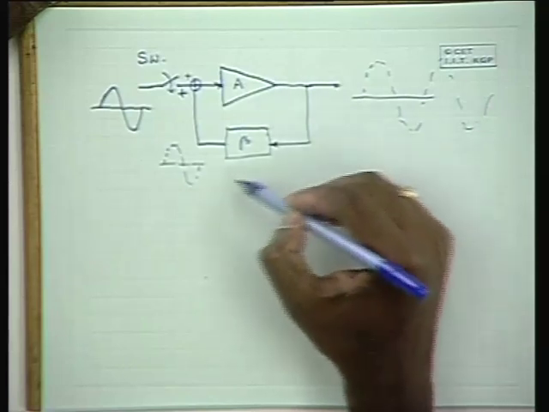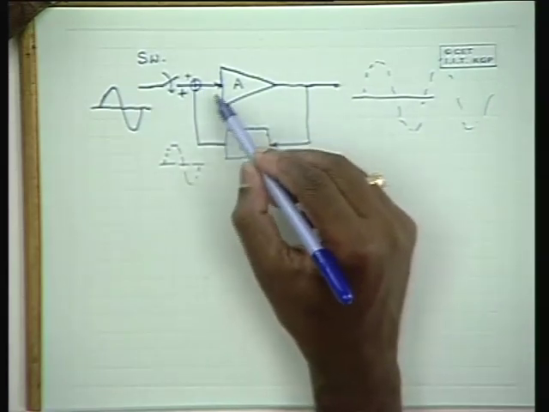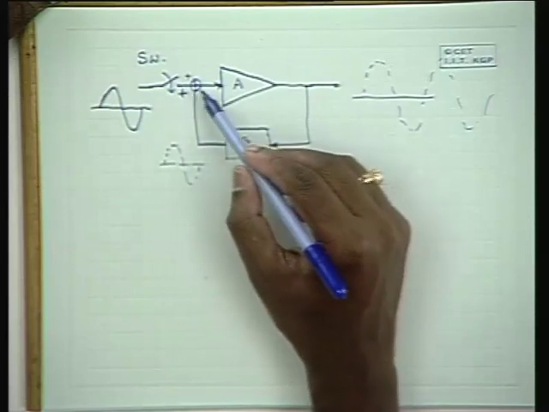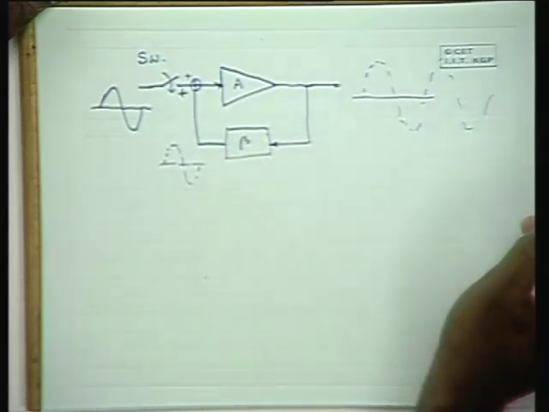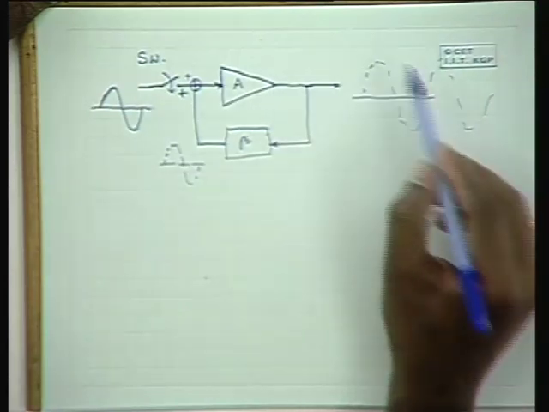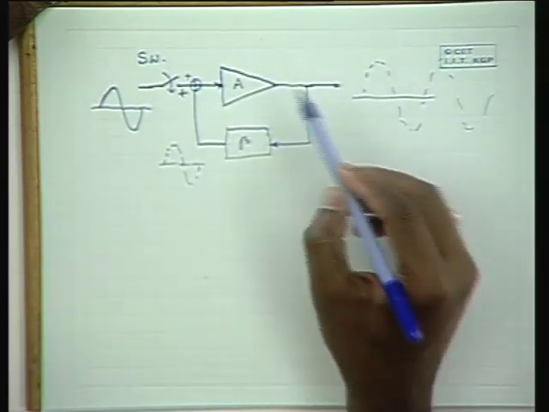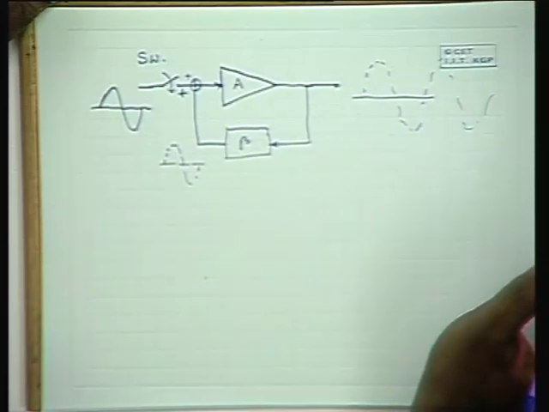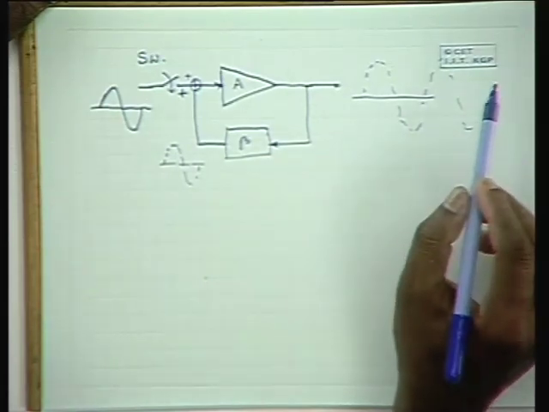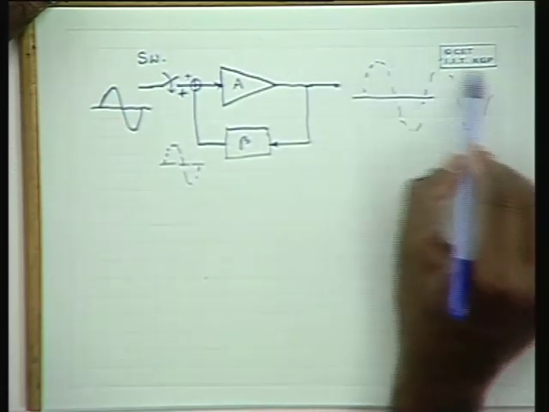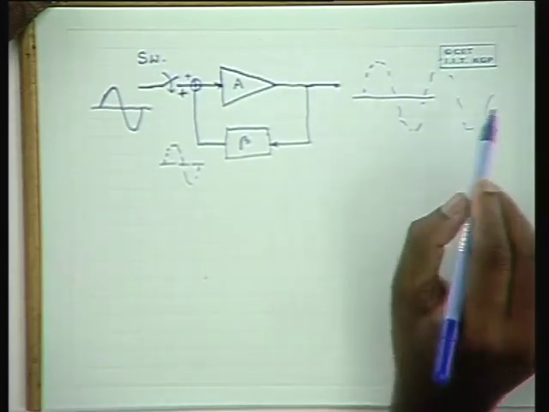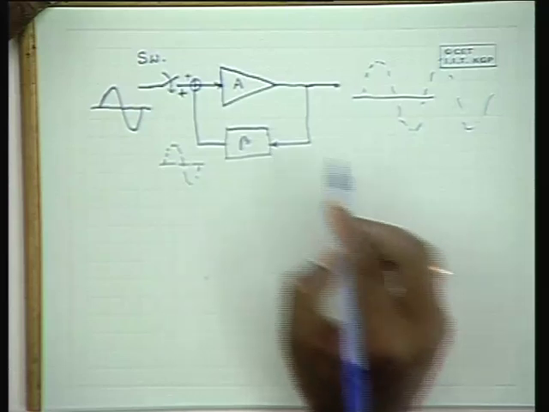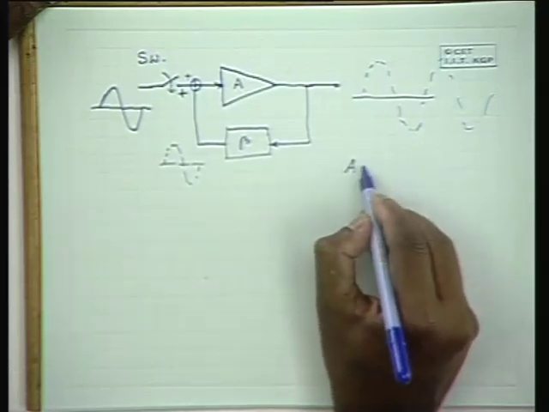And this second cycle after some delay goes here and gets added, and there is nothing else here to get added. So, this is applied to the input and a third cycle is produced. This way these oscillations can be sustained. And the amplitude will remain constant if the magnitude of A beta is 1.